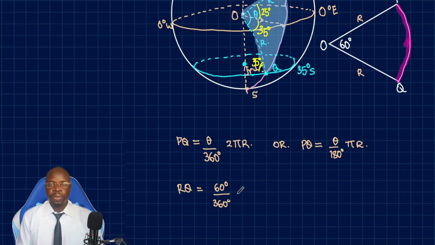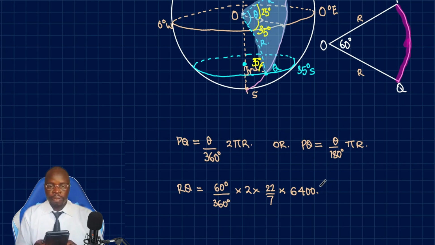Feel free to use this formula also if you wish. And we have 2 terms. The value of pi was given to us as 22 over 7. And we multiply this by the radius of the Earth, that is 6,400 kilometers.